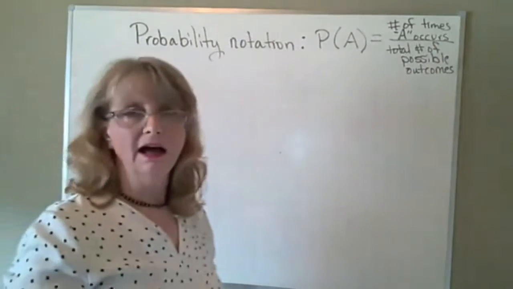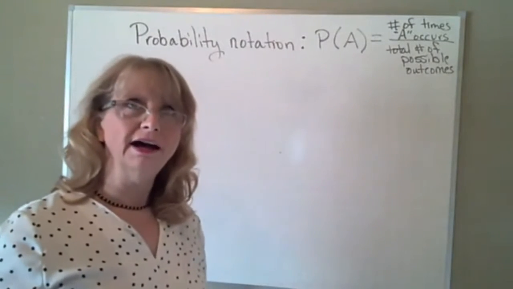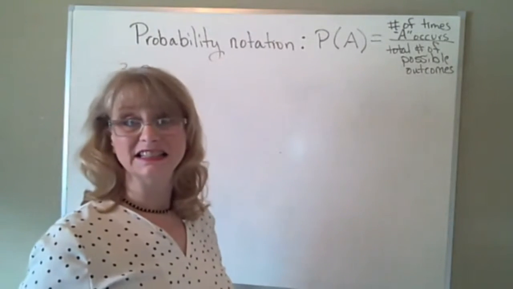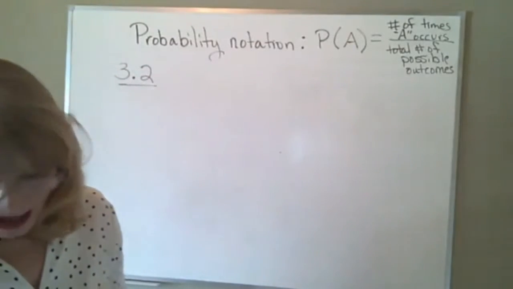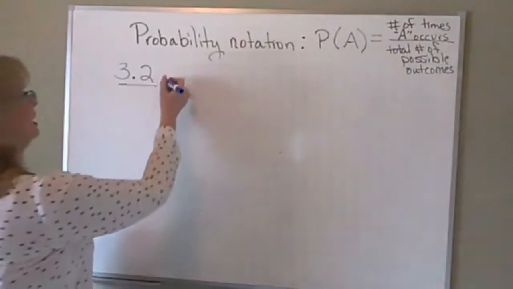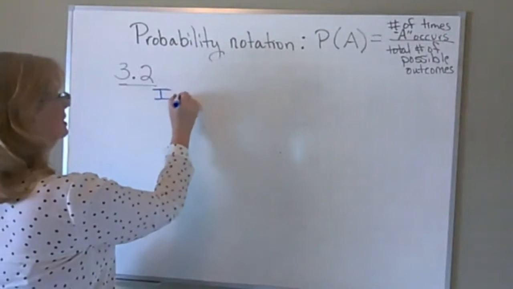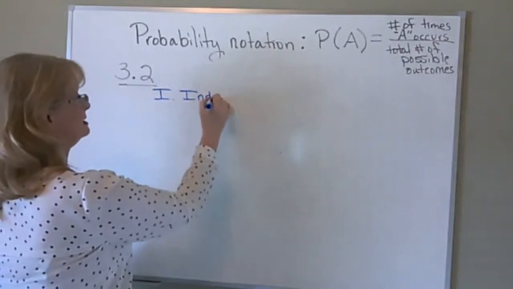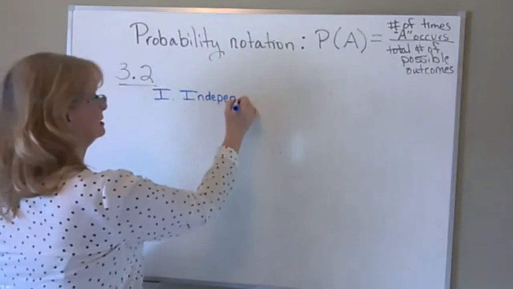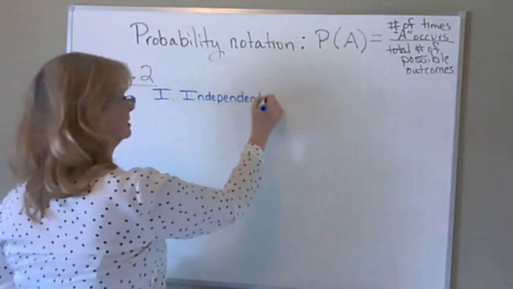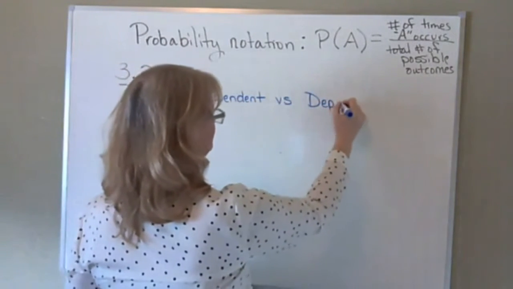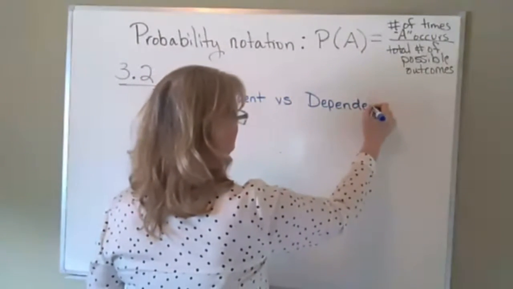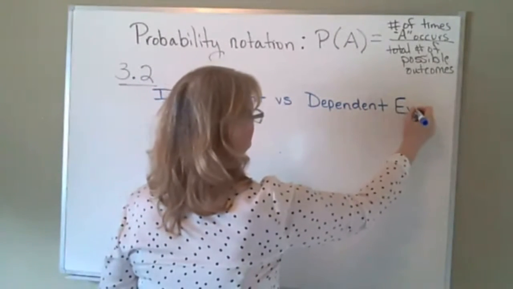And there are a couple of important ideas and topics in 3.2. The first one we're going to talk about is independent versus dependent events.